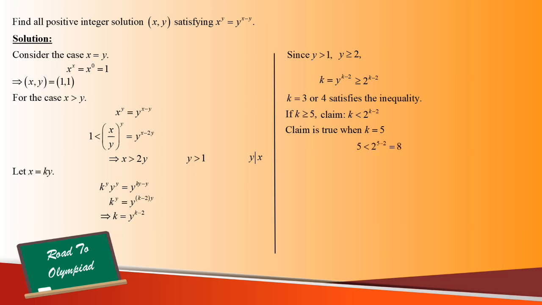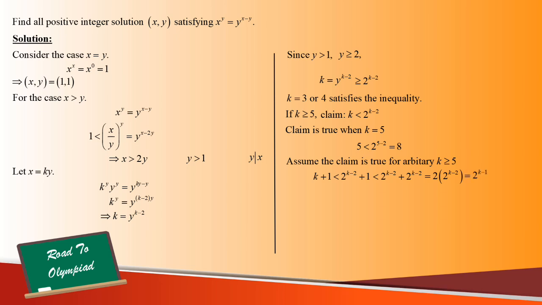If we assume that the claim is true for arbitrary k greater than or equal to 5, then k plus 1 is less than 2 to the power of k minus 2, plus 1. Notice that 1 is less than 2 to the power of k minus 2 for the given range, and the sum here is less than 2 times 2 to the power of k minus 2, which is equal to 2 to the power of k minus 1.